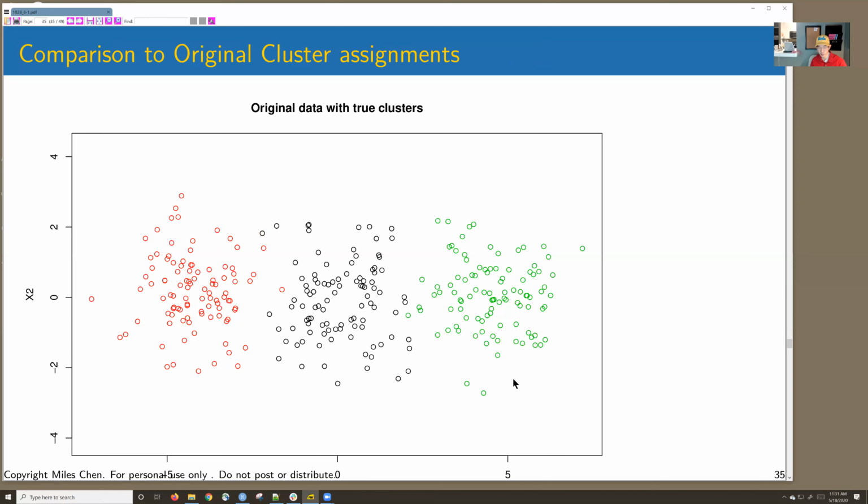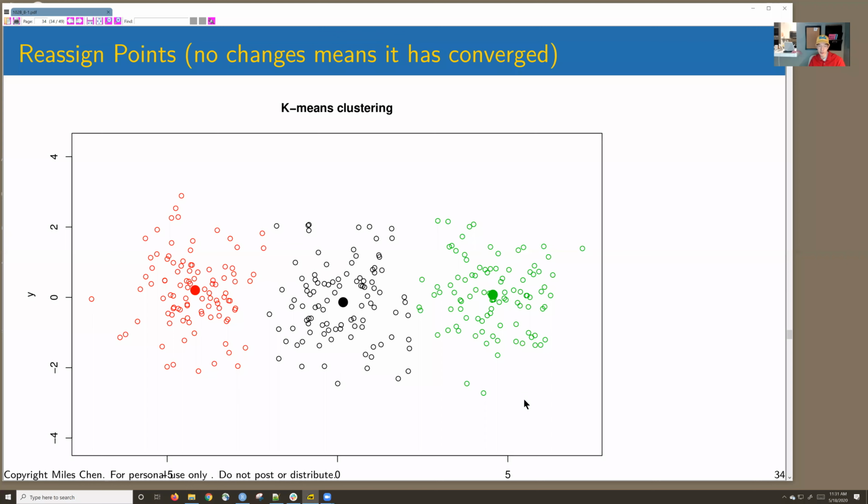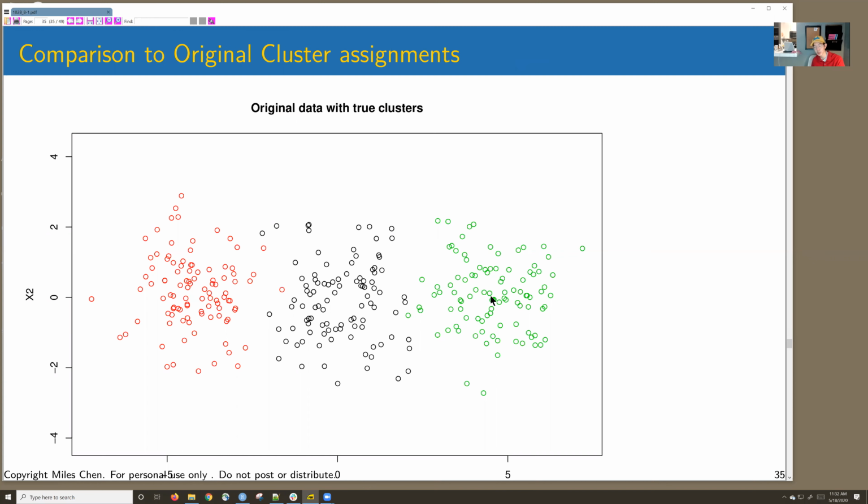When we clustered this, it could very easily have been called green, this could have been red, and this could have been black. And it doesn't matter. It just means here's a group, and here's a group. There's no significance associated with the label or the color of the cluster. So coincidentally, they happen to match up, but this is not always going to be the case.